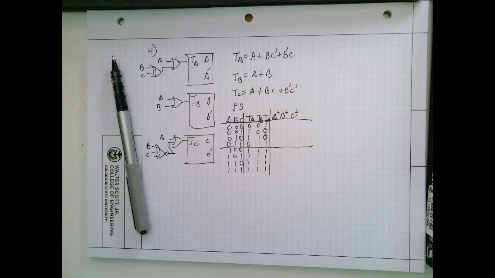Well, what do we know about toggle flip-flops? Well, I'll tell you. If the toggle flip-flop has a 1 on the input, it toggles. So if you have a 0 and your input is a 1, your next state is going to be a 1.